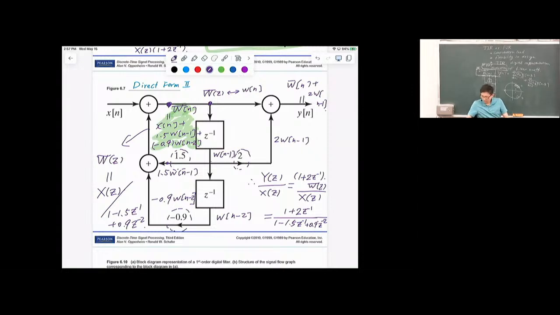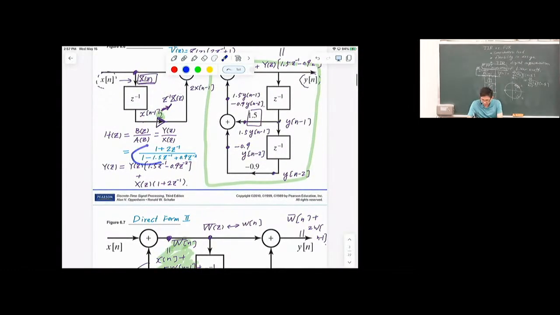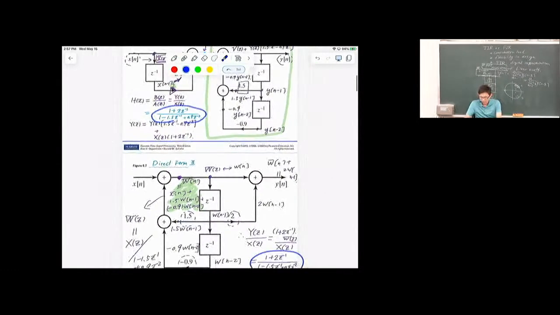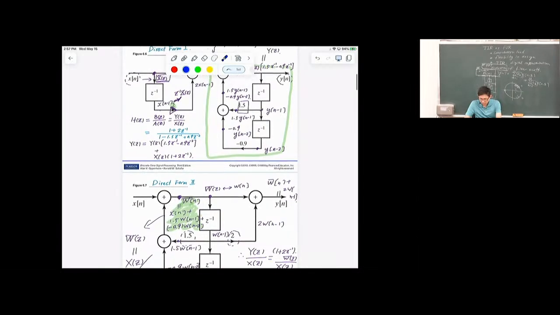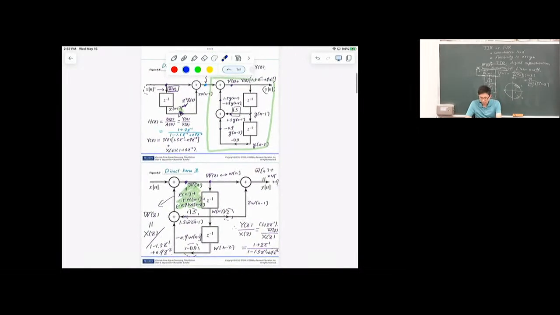So same thing here. Exactly the same system function. They're exactly the same as the previous page, the result that we have right here. But now, let's take a look and compare. Next time you don't need to go through the derivation.